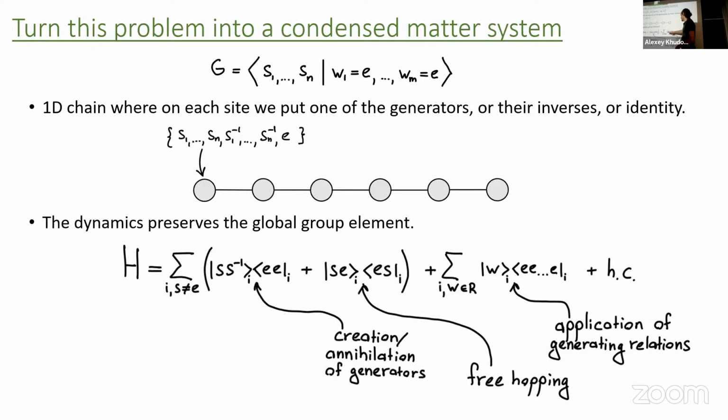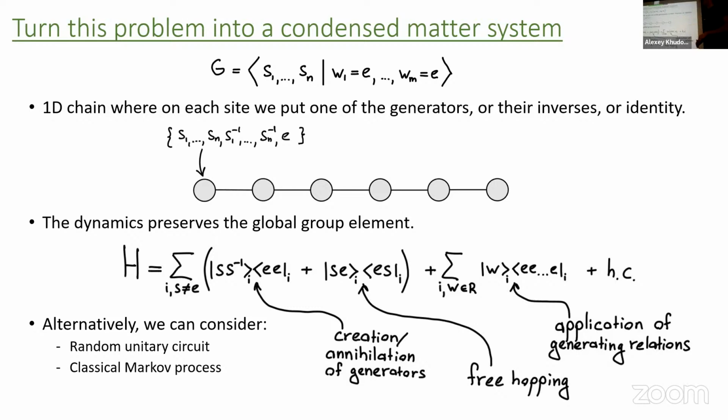And then the only non-trivial terms, which are different for different groups, correspond to the application of the generating relations. Since according to our generating relations, for example, W1 is equal to the identity, if we encounter W1, this short word, as a substring in our state, then we can just flip it to the corresponding number of identities, because this, as we know, does not change the total group element. And you write this for every short word from your generating relation words.